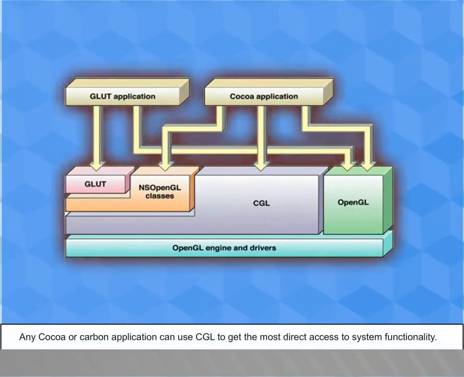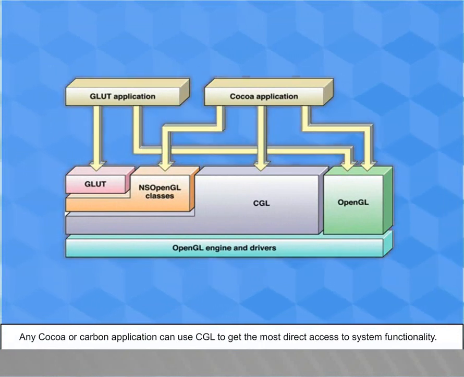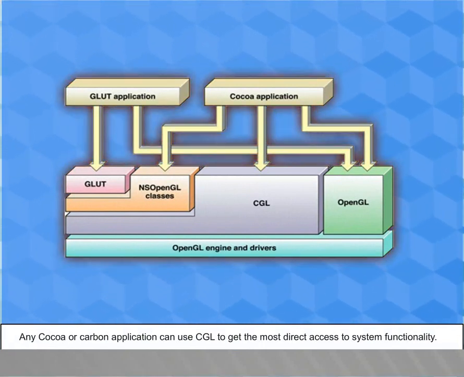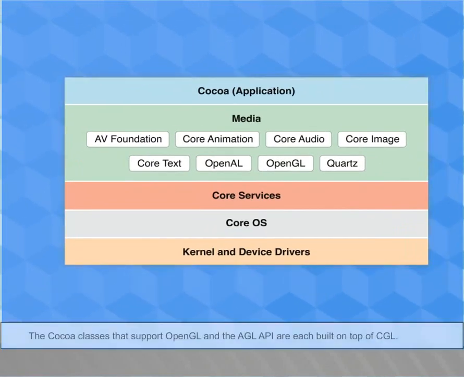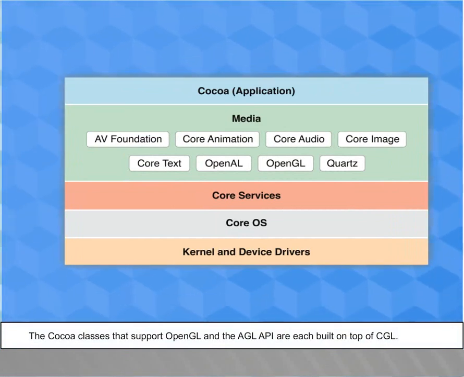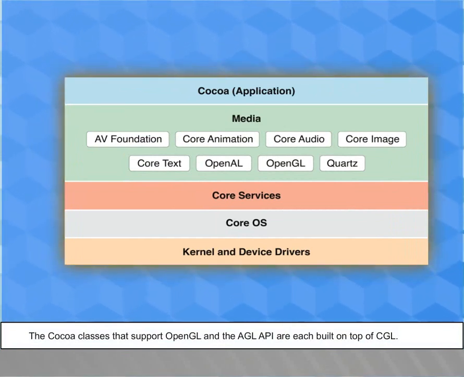Any Cocoa or Carbon application can use CGL to get the most direct access to system functionality. The Cocoa classes that support OpenGL and the AGL API are each built on top of CGL.